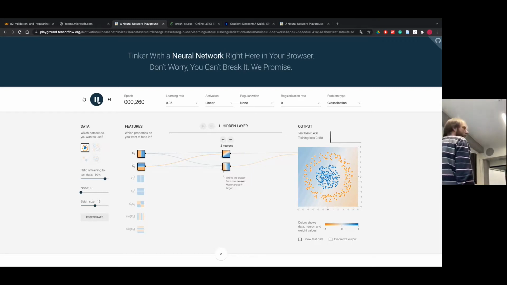It doesn't decrease. The classification here is not very good because you are a bit wrong everywhere. This is normal because you have only linear activation, and with linear activation we cannot separate non-linear data. The separation between the data is non-linear, so you cannot achieve that with a linear model. So that's normal.